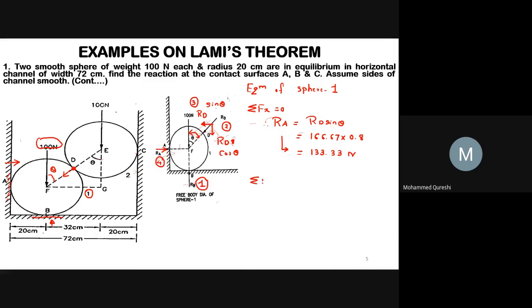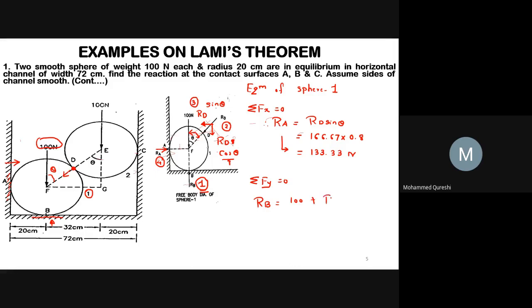Now we will go for sigma Fy equals 0. Therefore, RB, this is your one vertical force, RB equals the other vertical forces in the downward direction. So we will take here 100, and the other vertical force in the downward direction is RD cos theta.